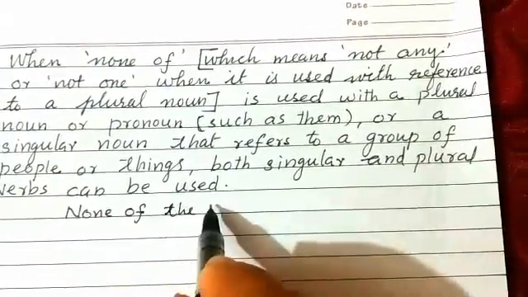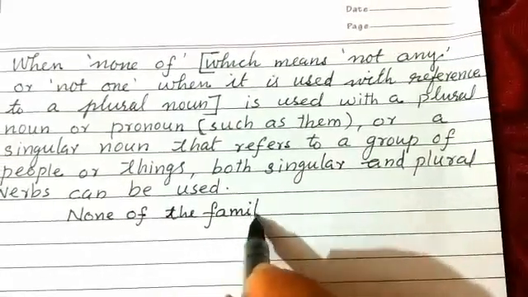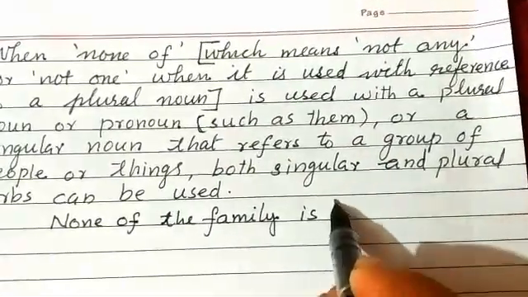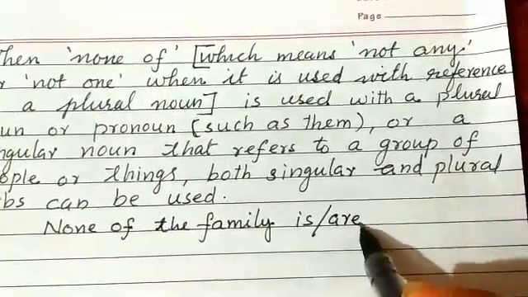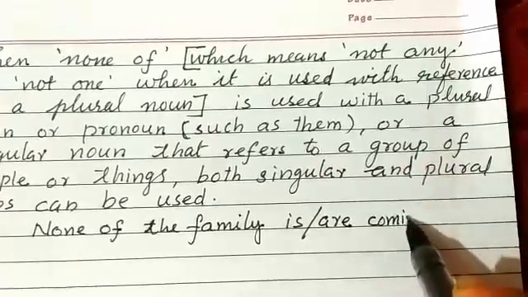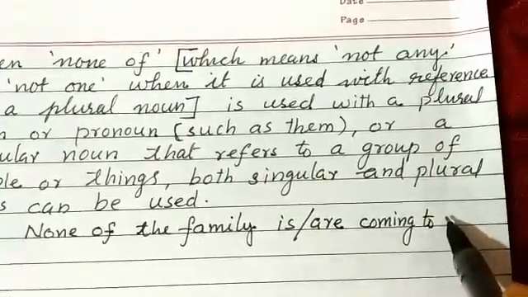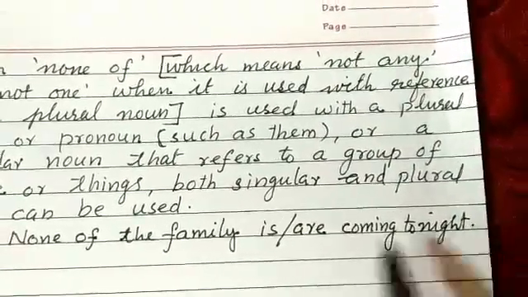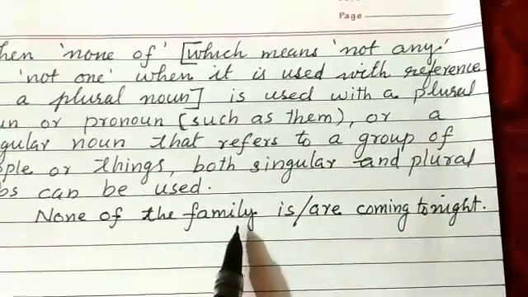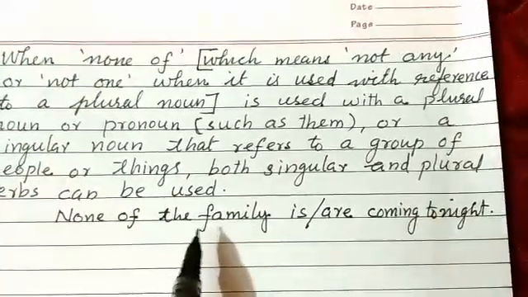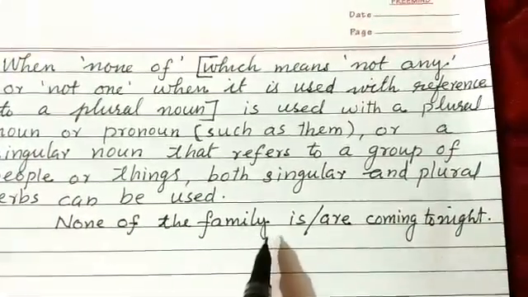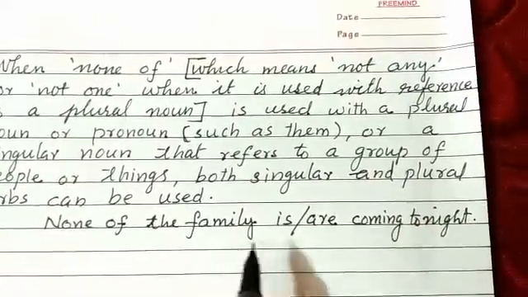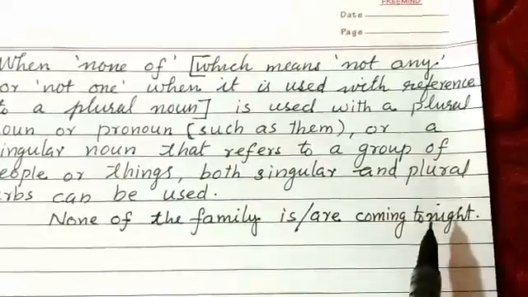None of the family is or are coming tonight. Here, none of the family members is coming tonight, or we can write none of the family members are coming tonight.